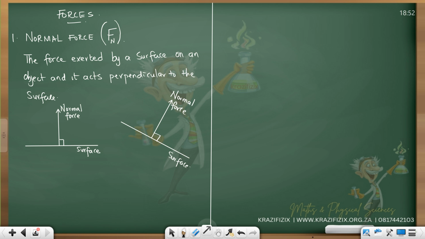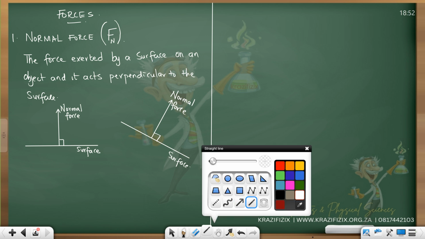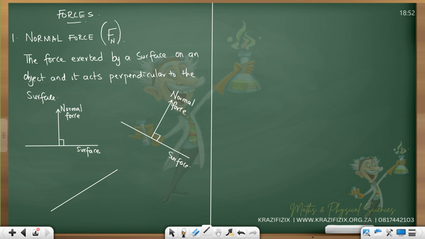Now look at this. What if I have this surface like that? It must still act like that. Because it must be at 90 what? Degrees to the what? Surface. Are we on the same page? Yes, sir. All right, beautiful.